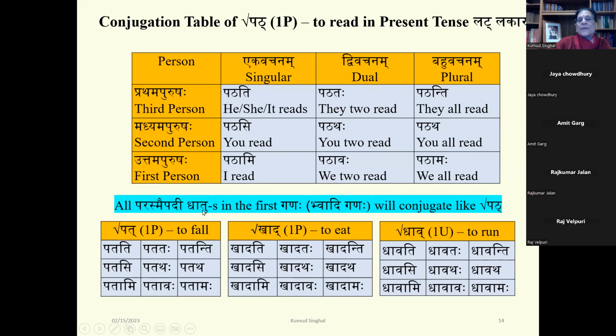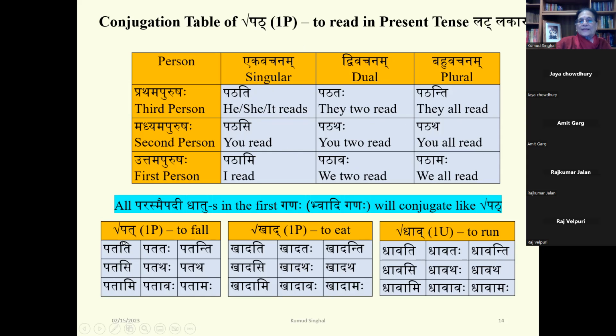All parasmai dhatus in the first gana, meaning bhavadi gana, will conjugate like the dhatu pat. If you remember this conjugation, not all 1,000 but I think about 500 or 600 are parasmaipadi, and I don't know the exact number, that's my rough guess, will conjugate like the dhatu pat.